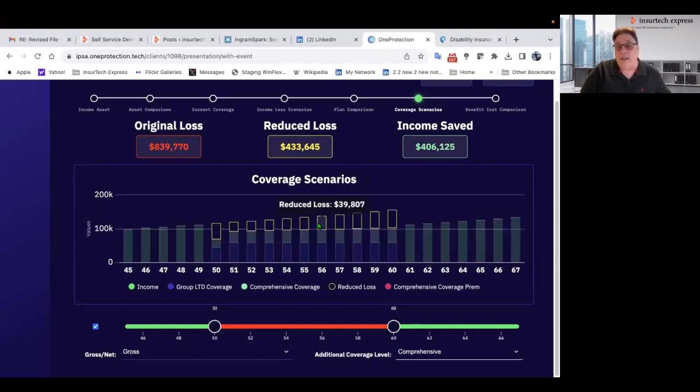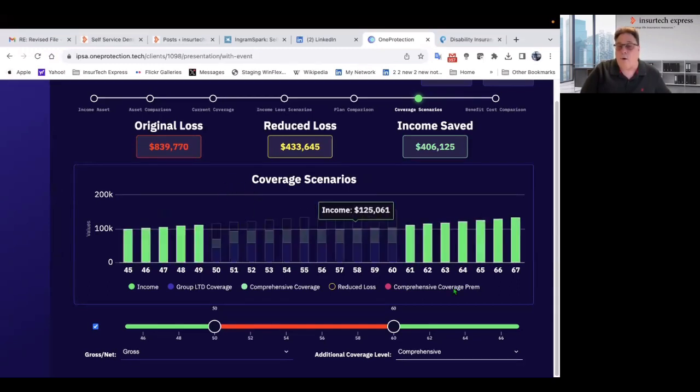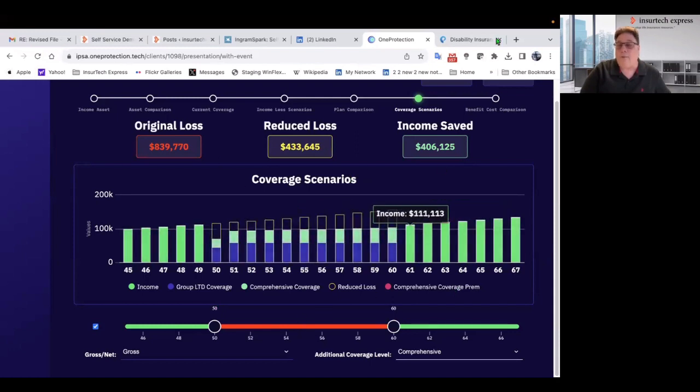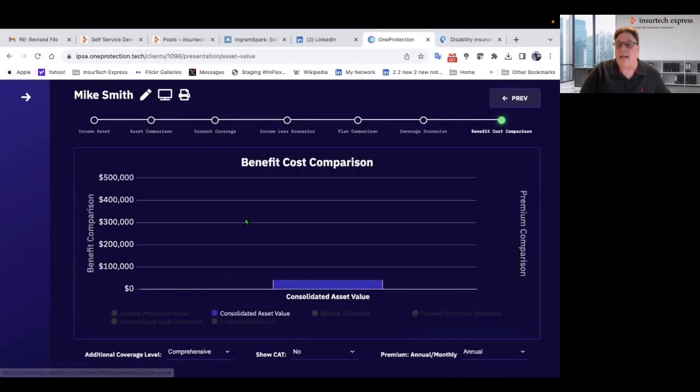So it's very serious. Now I understand disability may last a year, 2 years, longer, shorter, but you can see how important the insurance is, visually showing it.